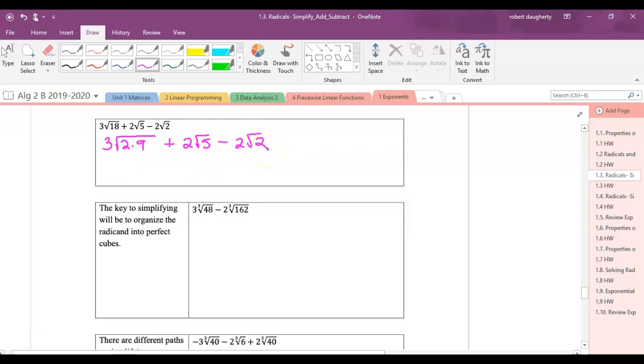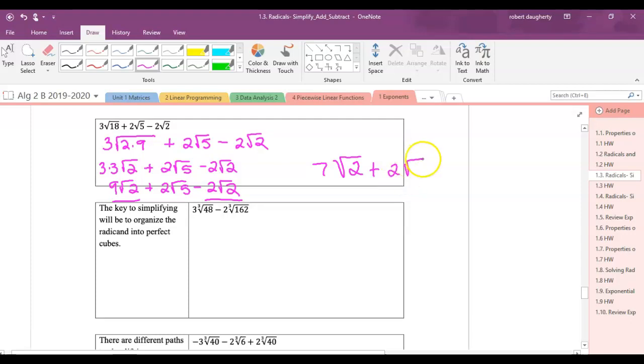The square root of 9 is 3, so this becomes 3 times 3 square root of 2 plus 2 square root of 5 minus 2 square root of 2. This is 9 square root of 2 plus 2 square root of 5 minus 2 square root of 2. The only thing that can be combined now is this square root of 2 term. So that is 7 square root of 2 plus 2 square root of 5. And that's as far as I can go on that guy.